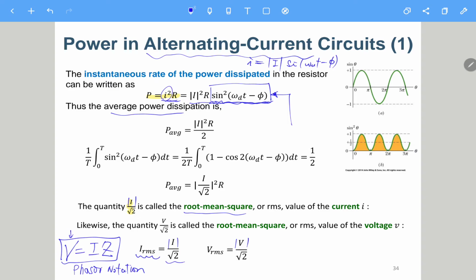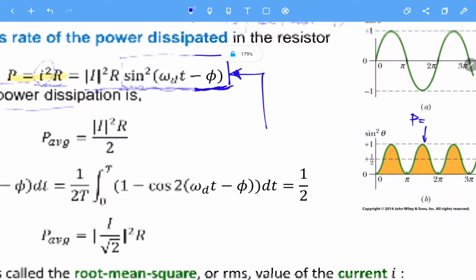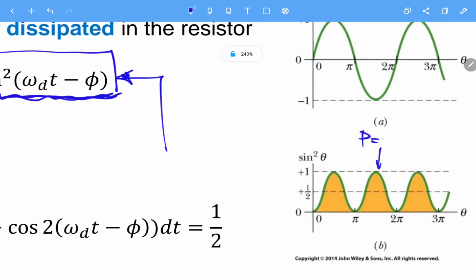So here we see that, let's see, this is P. Okay, we draw this function here, which means that P equals something like I square R times sine square of omega t plus or minus phi. Yeah, the phase doesn't really matter.